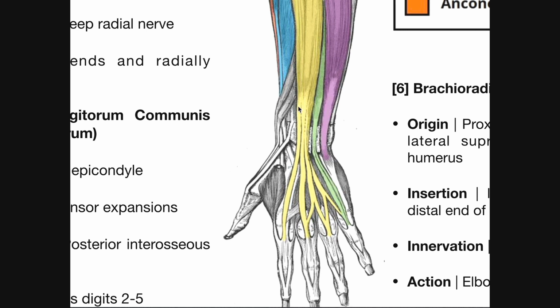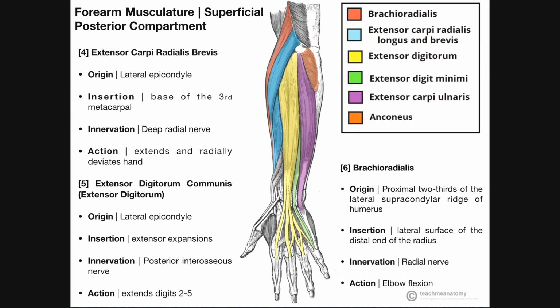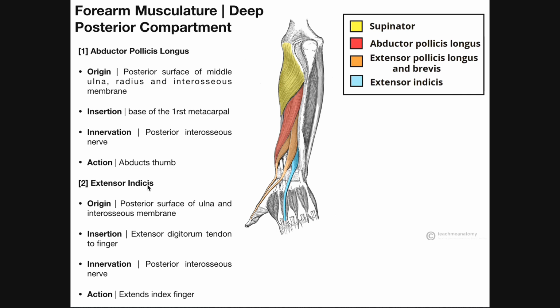And so these fibers of the tendon of extensor digitorum insert on that extensor expansion. Well, it turns out that extensor indicus, in this video, has its tendon inserting on the tendon of extensor digitorum that goes to the second digit. And by pulling on that tendon, it also acts to extend the index finger. So extending the second digit. And like the abductor pollicis longus, extensor indicus is innervated by the posterior interosseous nerve.